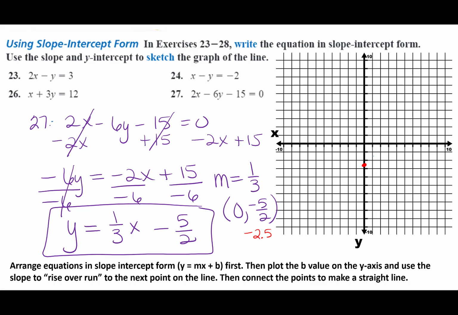So up 1, over 3, up 1, over to the right 3. And let's do that one more time. Up 1, over to the right 3, and then we'll connect those dots. And this is the line for the equation y equals 1/3 x minus 5/2.